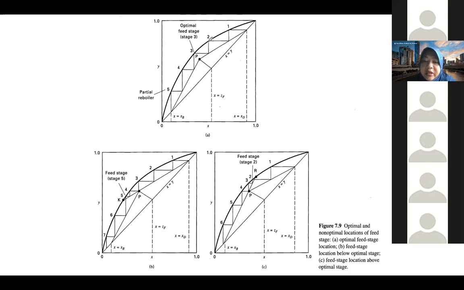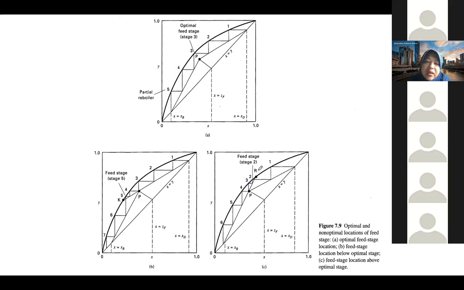So this is stage 1, and then stage 2, and then it will go straight into the bottom section, so stage 3, 4, 5 would be in the stripping section.